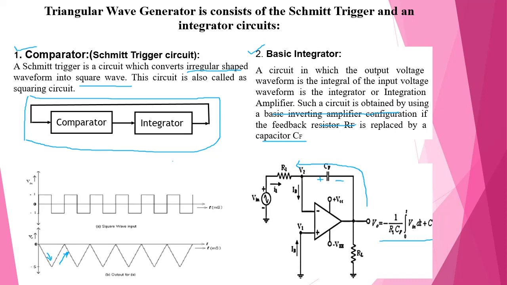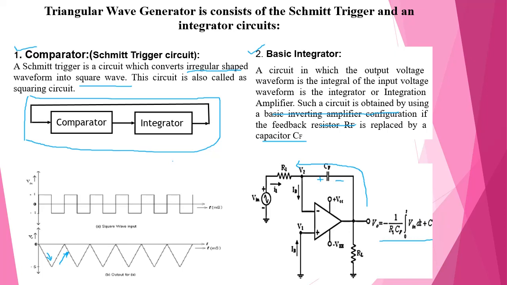Now here you are given the input and output waveforms. When you apply the input during the positive half cycle of the square wave input, the capacitor will be charged.